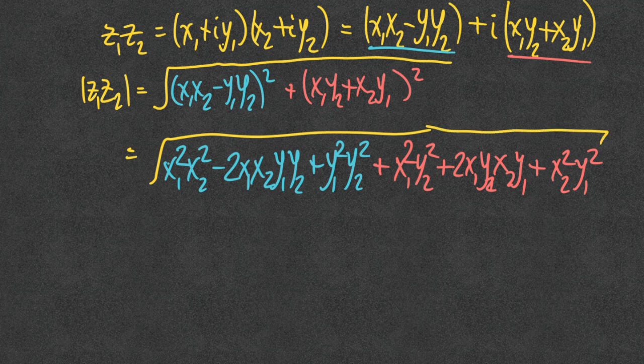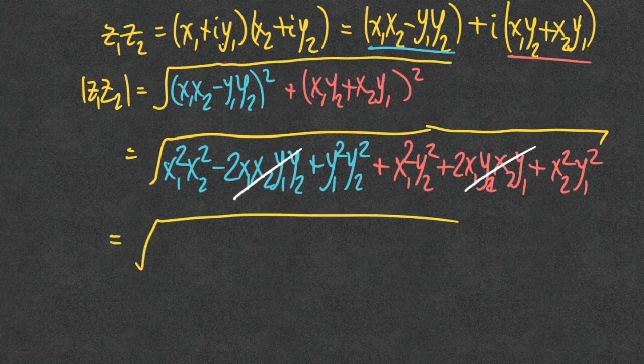Okay, and then the nice thing about this is that two of those terms cancel, right? This term and this term both have an x1 x2 y1 y2, and they're both inverses in sign. And then this is going to equal the square root. And I'm going to write the terms in a bit of a strange way, but you're going to see why in just a second.